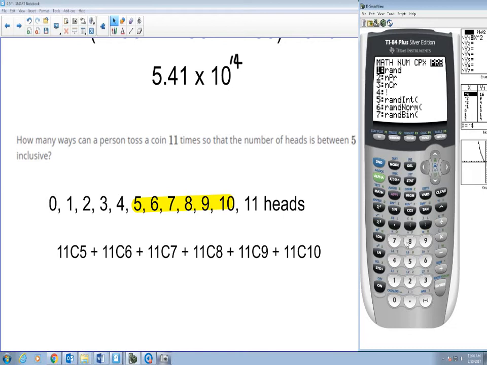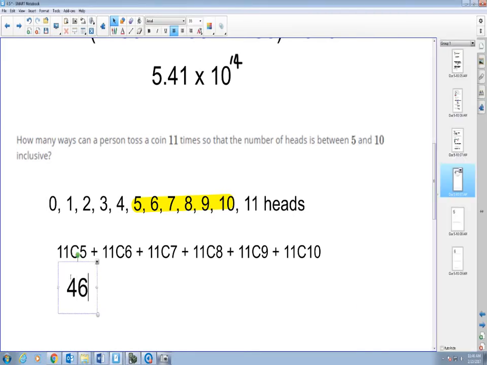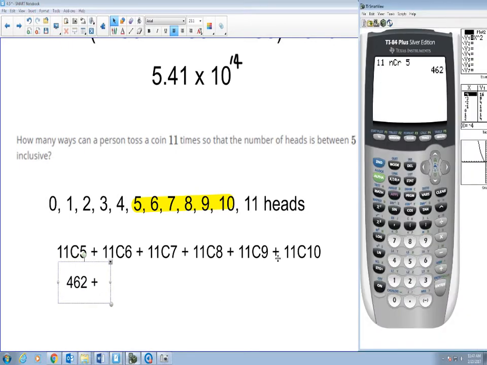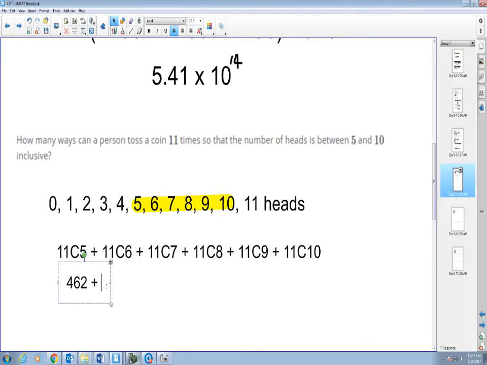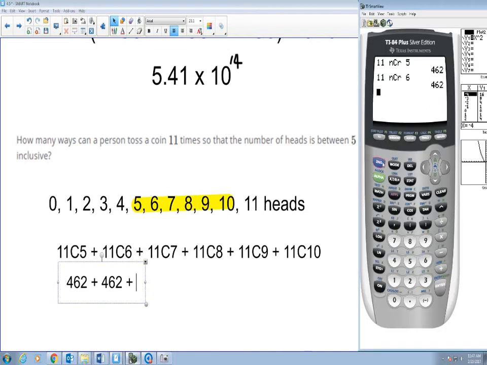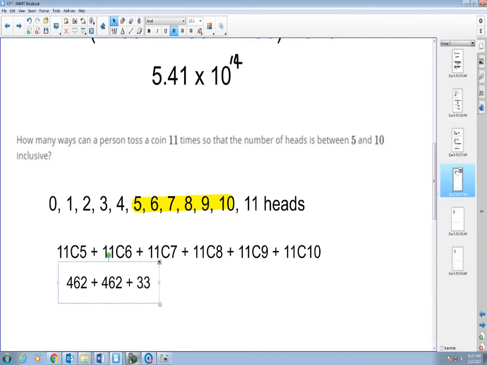We can type all this in together, or we can just do it separately. I'm going to do 11 choosing 5 first, and that gives me 462. Then we'll begin to add. In my calculator I can do second entry and change the 5 to a 6. 462 again. Plus 11 choosing 7. So either way, you can type it all in at one time, or you can type it separately like the way I do.